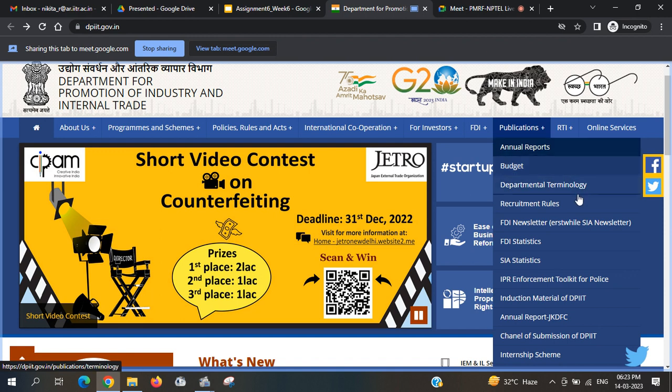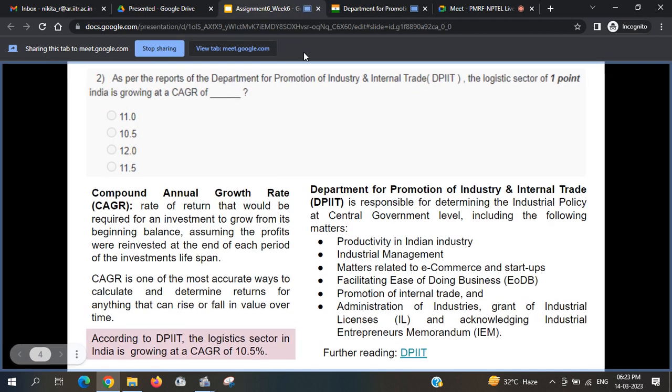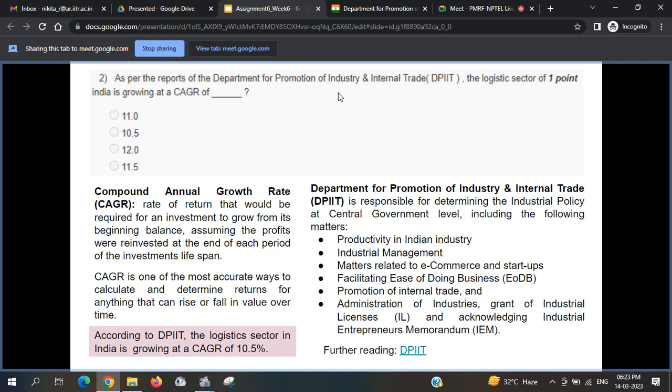They have SIA statistics also. They have an annual report, and several other things. So if you want to know a little bit more about either the logistics sector or the performance of different sectors of the Indian economy, you can go to the link that I've shared and see the statistics or reports published by DPIIT.